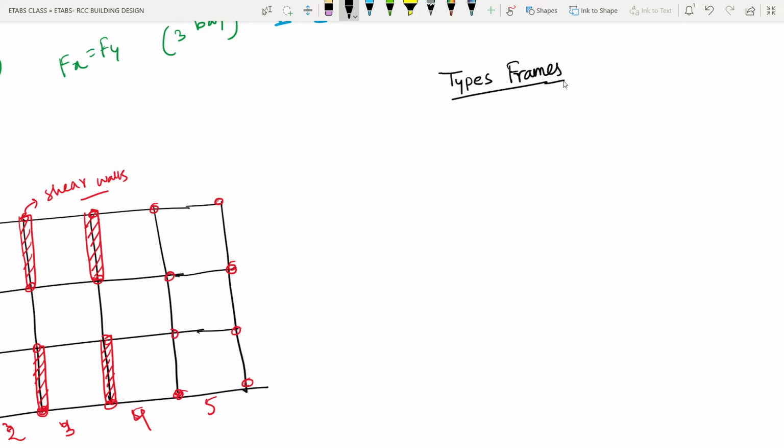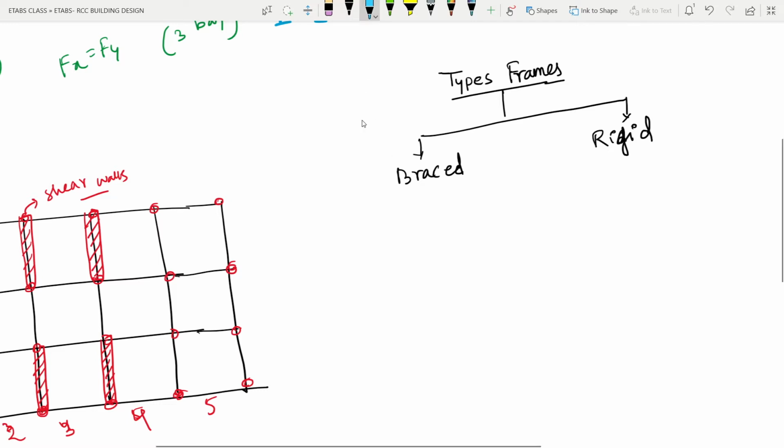Types of frame. We have two types of frames. One is braced, I'm just giving a very simple classification, and we have rigid frames. We have braced frames and we have rigid frames.